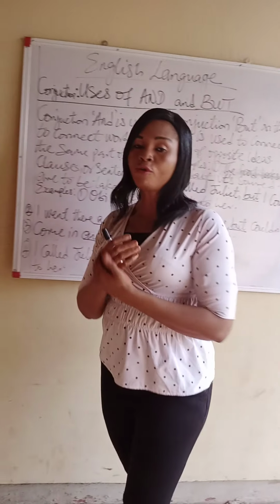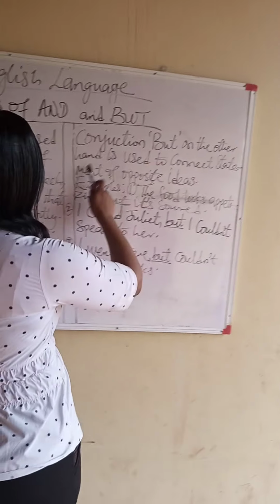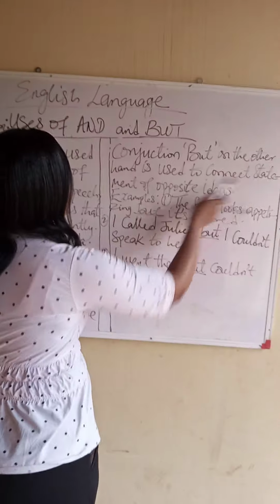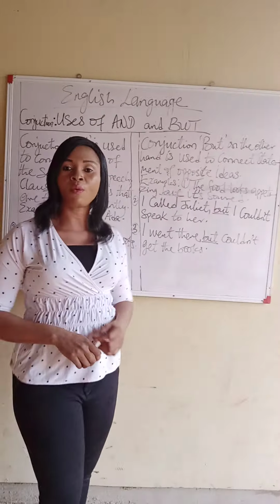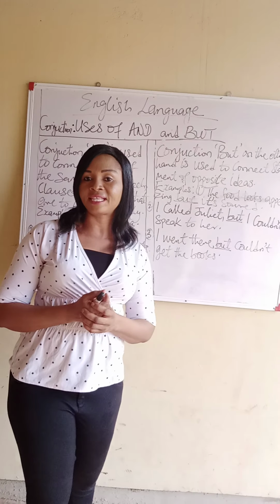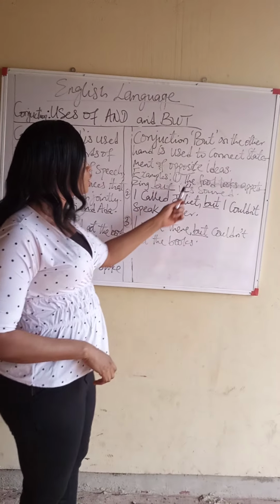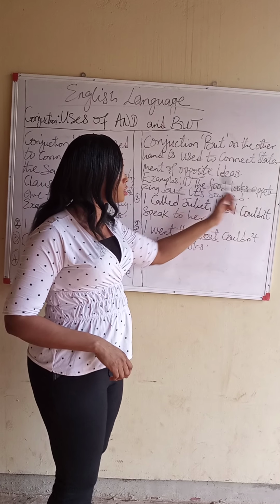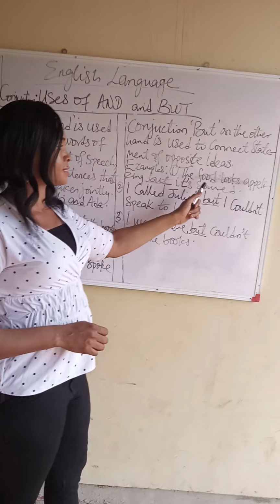All right, we move to "but". The conjunction "but", on the other hand, is used to connect statements of opposite ideas. What does it mean? It means that whenever we have two statements that depict opposite ideas, we use "but". For example, the food looks appetizing, but it's sad.